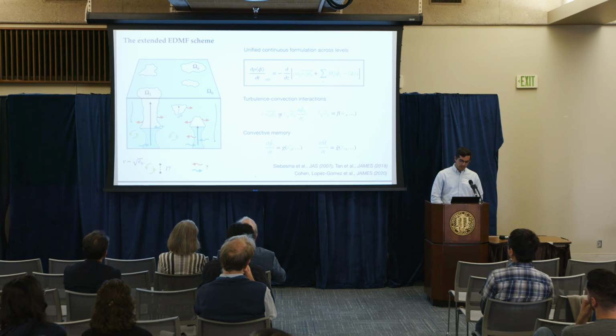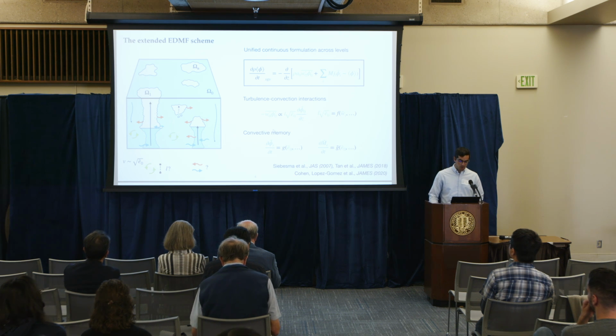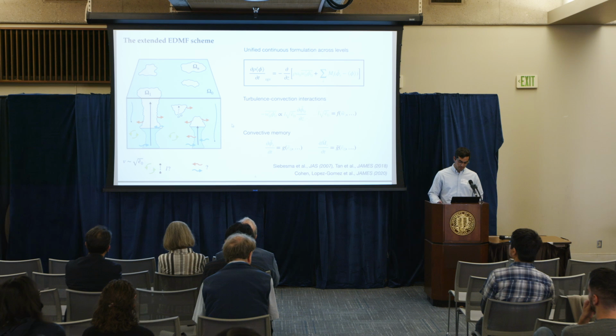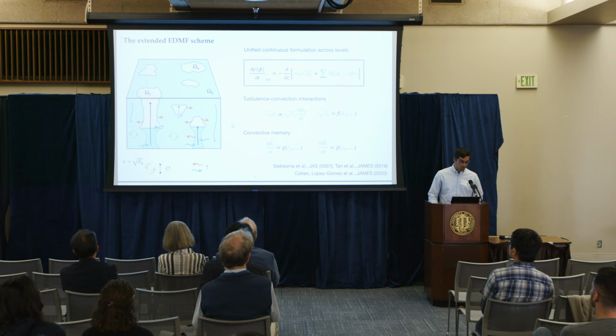And similarly, we can have interactions from the turbulence through entrainment injection in the updrafts. And in the extended version of the scheme, we also have the possibility of modeling convective memory. So we are carrying prognostic equations for the properties in the updrafts and for the mass flux, so that in the end, with one single scheme, we can model shallow convection, deep convection, and turbulence.